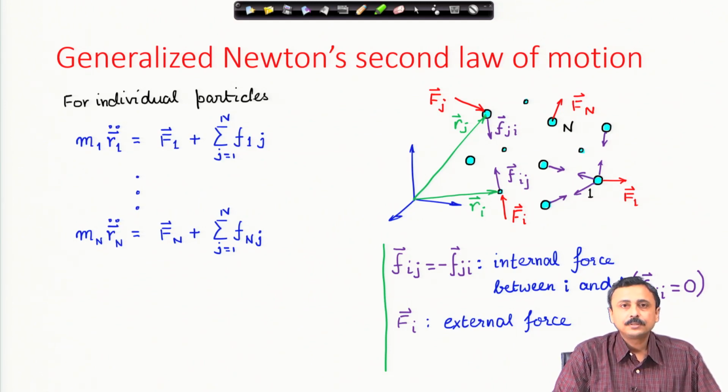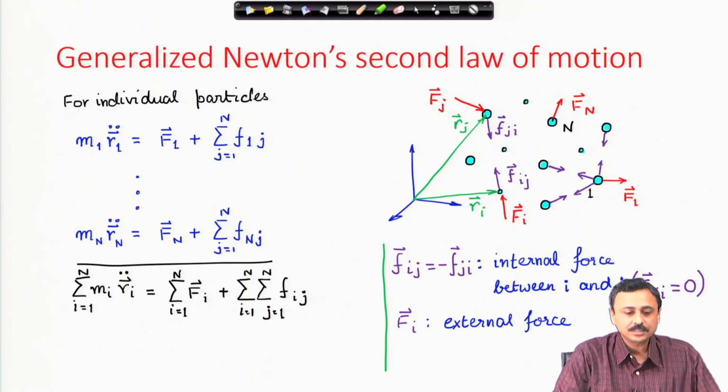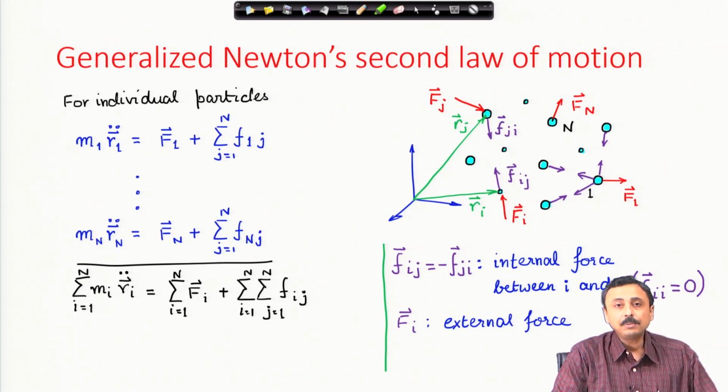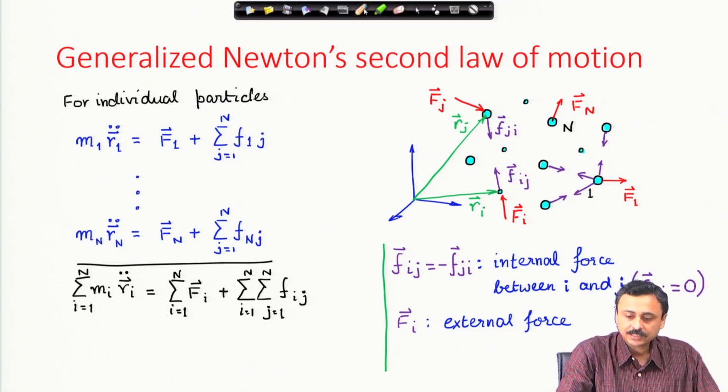If I sum up these equations, then let us see what happens. On the left hand side, I have summation of m_i r_i double dot summed over i from 1 to n, and on the right hand side I have summation of all the external forces and double summation of all the internal forces. Now, because of Newton's third law, as I have noted here, F_ij must be equal to minus F_ji.